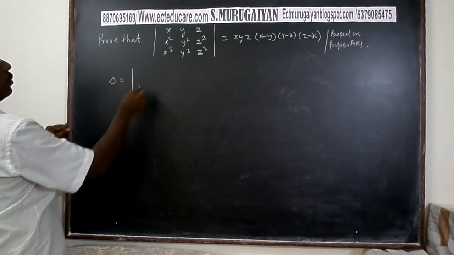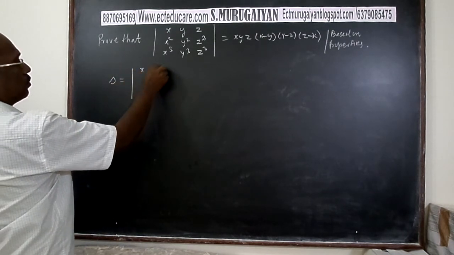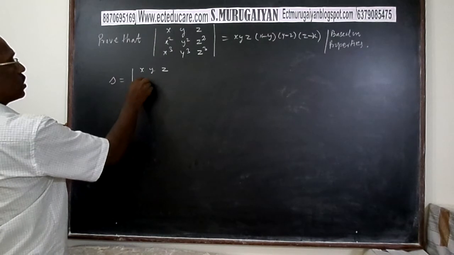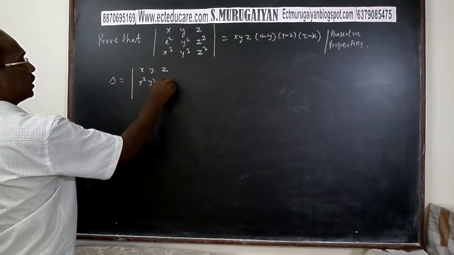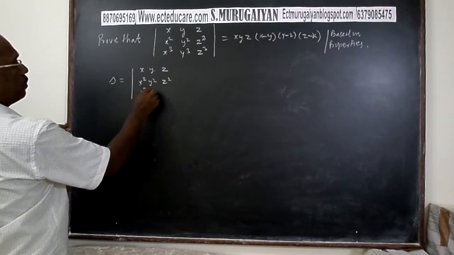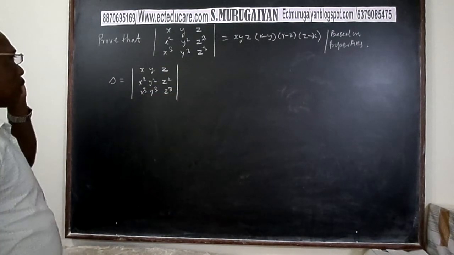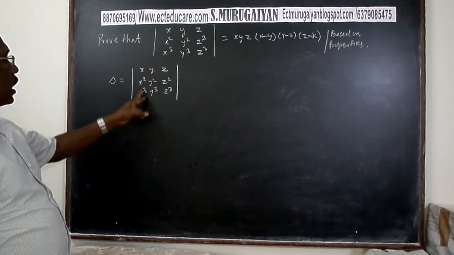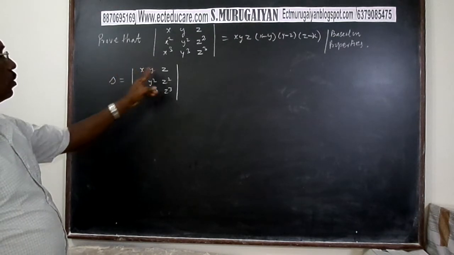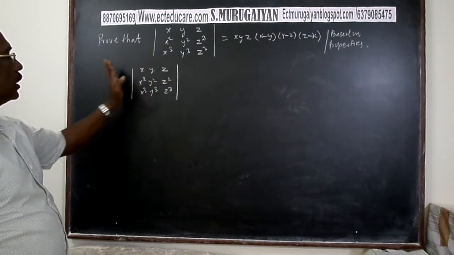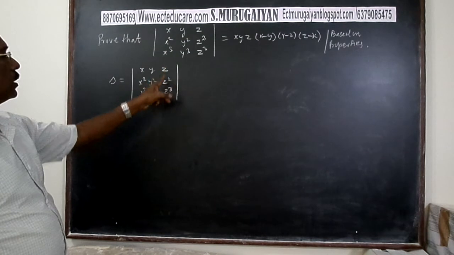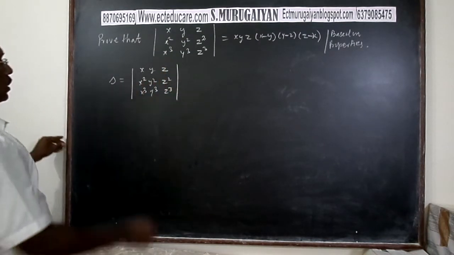Delta is the given determinant: x, y, z; x square, y square, z square; x cube, y cube, z cube. We can take x as a common factor from C1, y as a common factor from C2, similarly z as a common factor from C3.